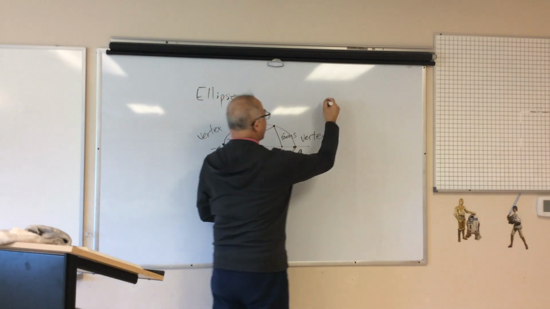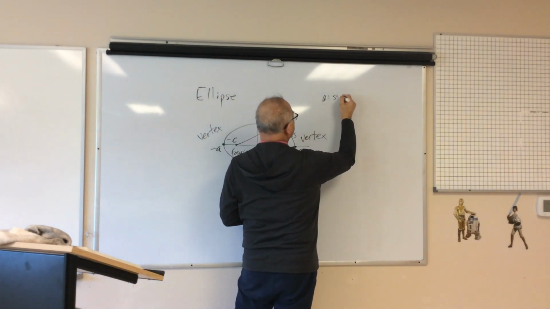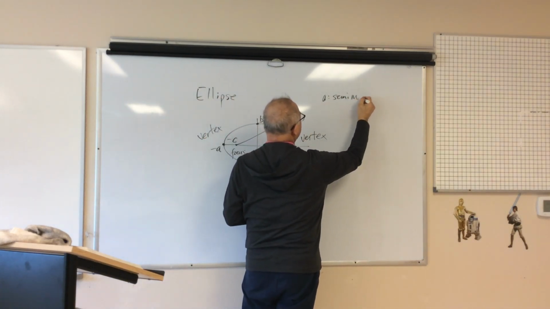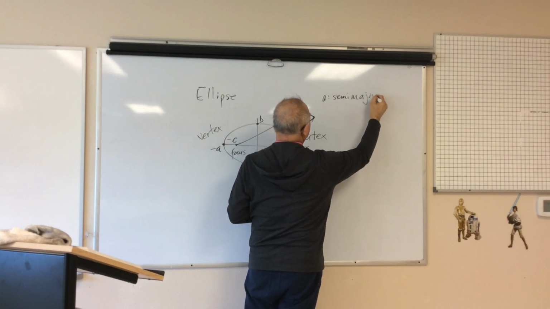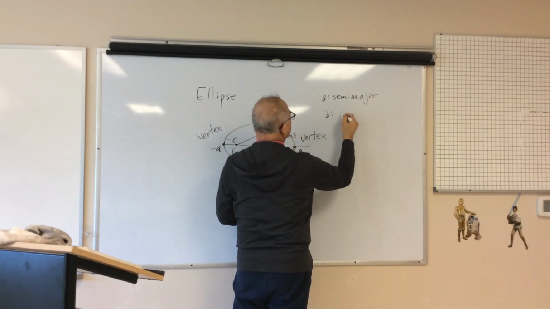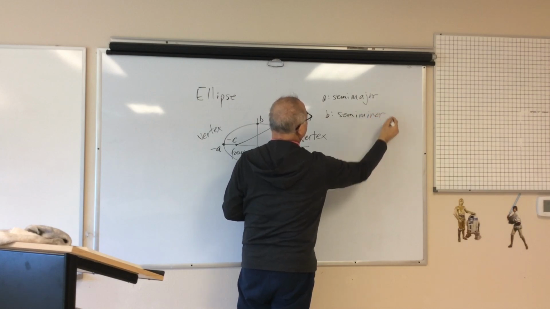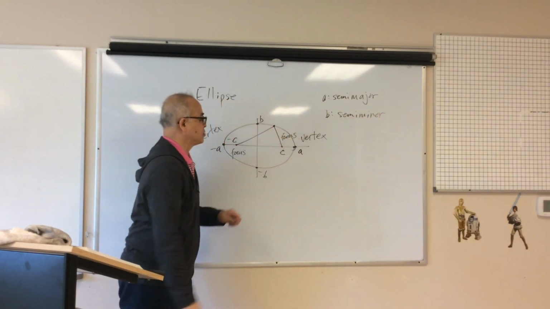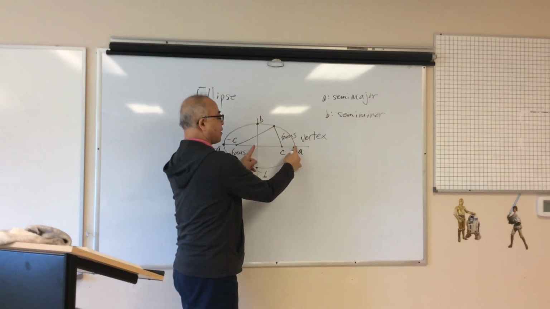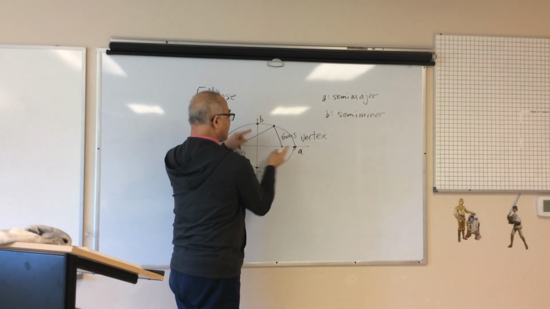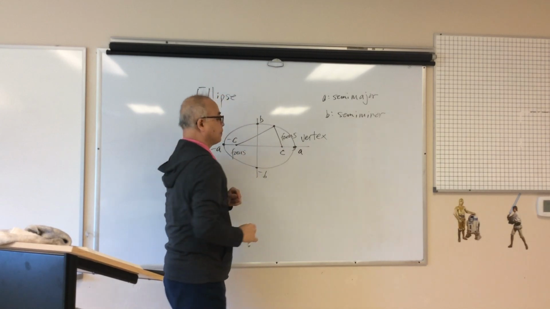So A is called the semi-major. B is called the semi-minor. Okay? So this length is a semi-major. This is a semi-minor.